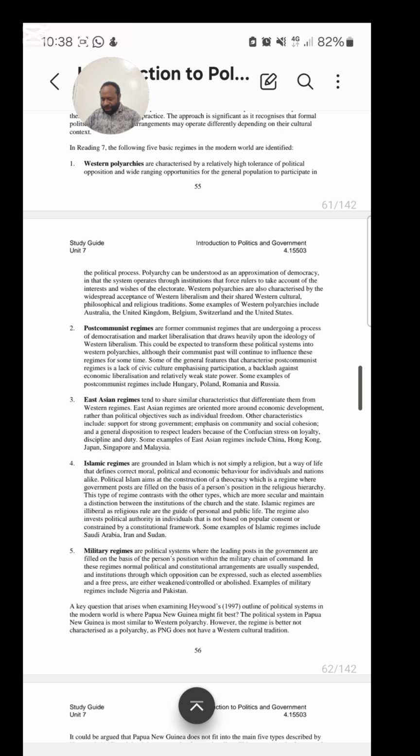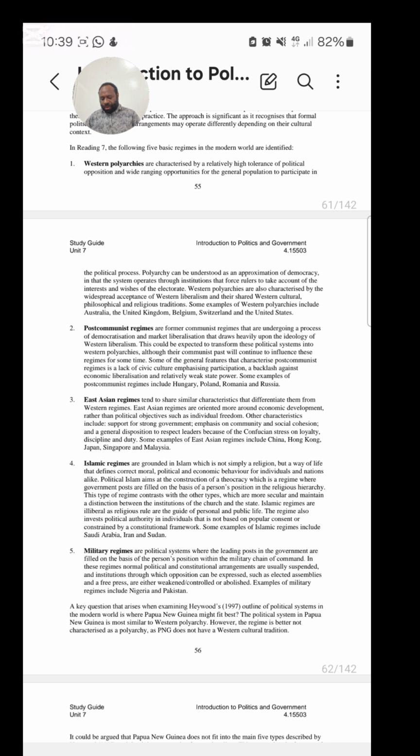Now the Western polyarchies are characterized by a relatively high tolerance of political opposition and wide-ranging opportunities for the general population to participate in the political process. Okay, and I'll read. Polyarchy can be understood as an approximation of democracy, and that system operates through institutions that force rulers to take account of the interests and wishes of the electorate.